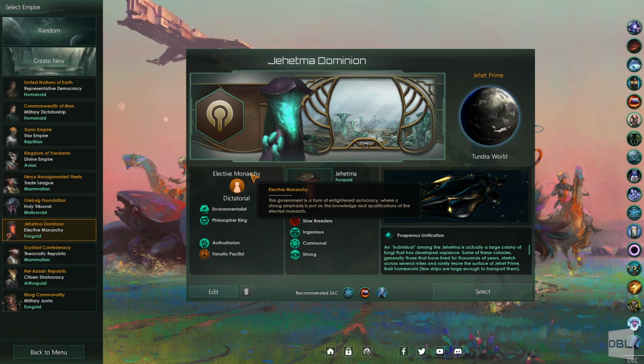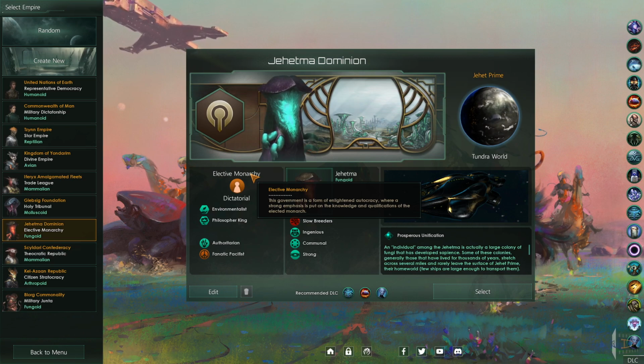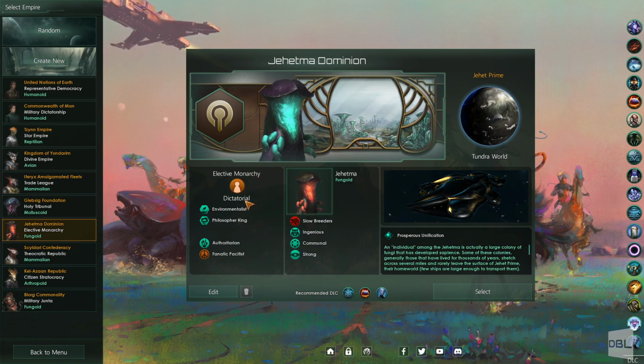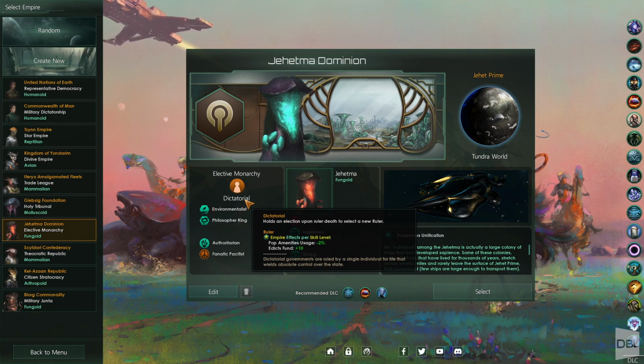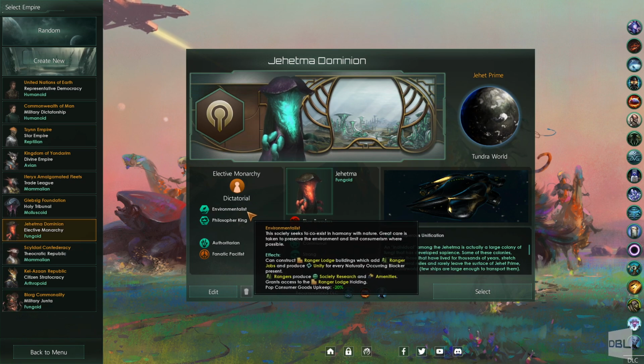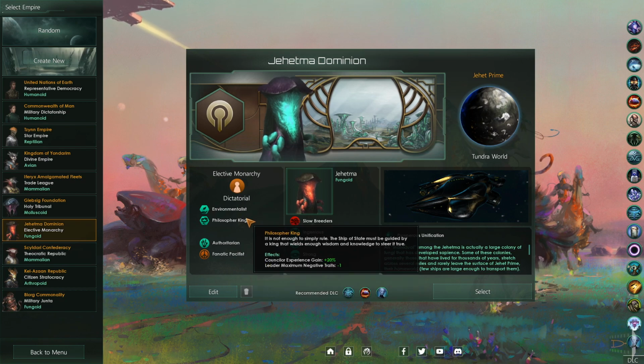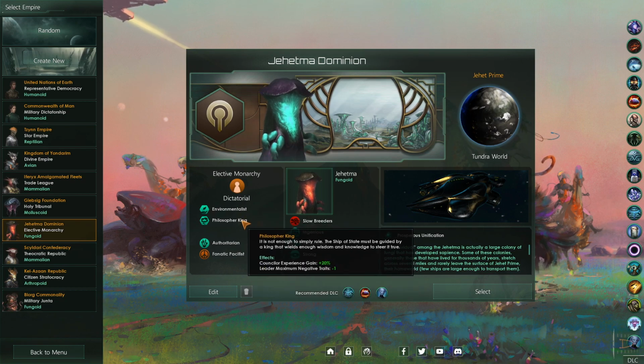Elective monarchy. Enlightened autocracy, where a strong emphasis is put on knowledge and qualifications. Election upon ruler death. Okay. Can we just quickly go through the last of these? Environmentalist, philosopher king. It's not enough to simply rule.